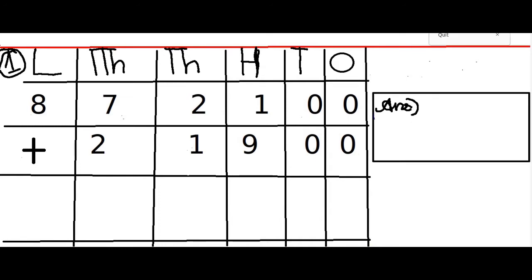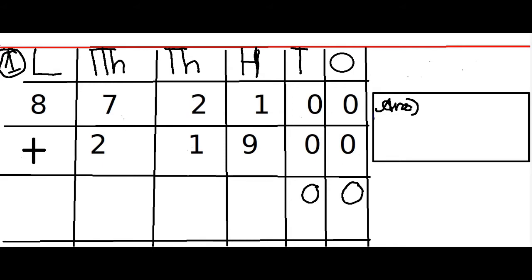So let's start. Let's solve these numbers. 0 plus 0 equals 0 only. 0 plus 0 again equals 0 only, as I told you before. So we will write 0 over here.